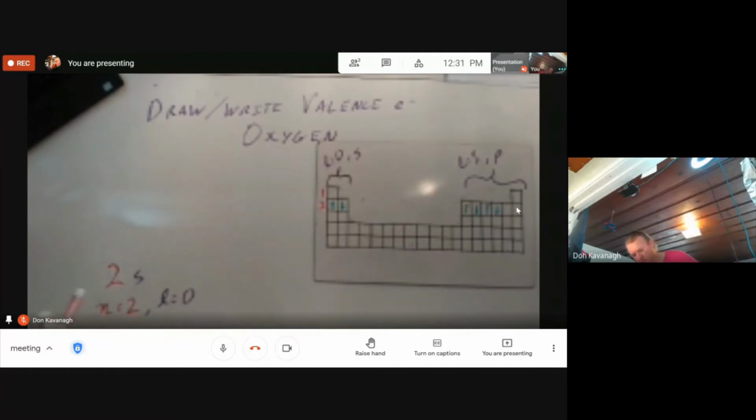And the M sub L, or the direction of that shape, is also 0 because the shape of an S orbital is spherical. So it has an M sub L of 0 because it is uniform in every direction.